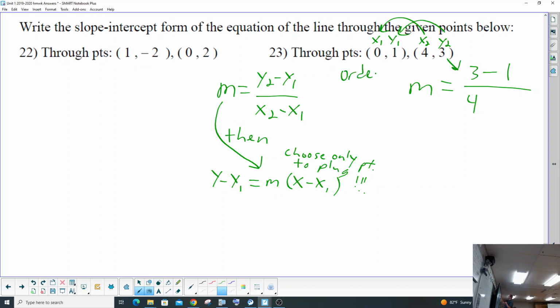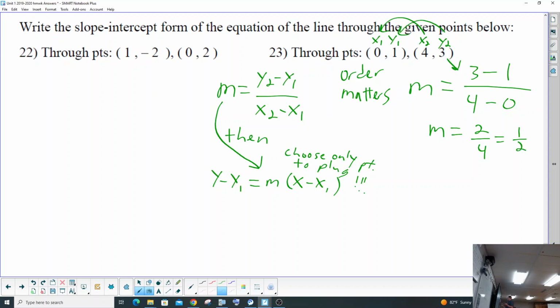I mean, technically, if you really want to get into it, you could go the other way, as long as you're consistent. So you could do y1 minus y2 as long as you did x1 minus x2. Just saying. It'll give you the same slope. Okay, so 4 minus 0. So now we get m equals 3 minus 1 is 2, and 4 minus 0 is 4. And 2 fourths reduces to 1/2.